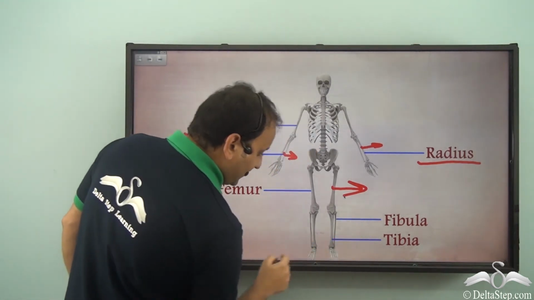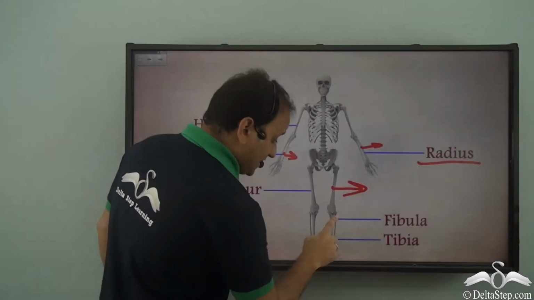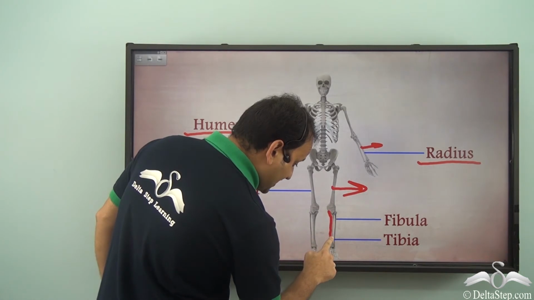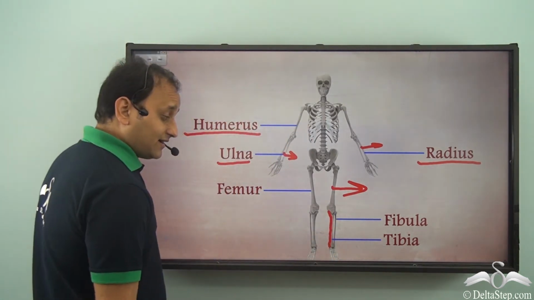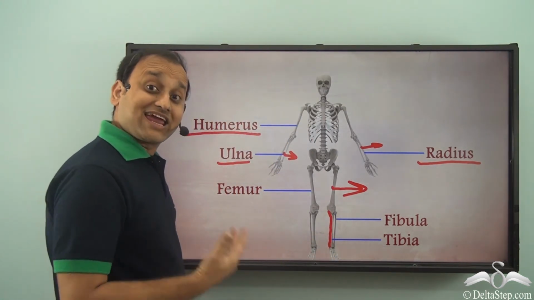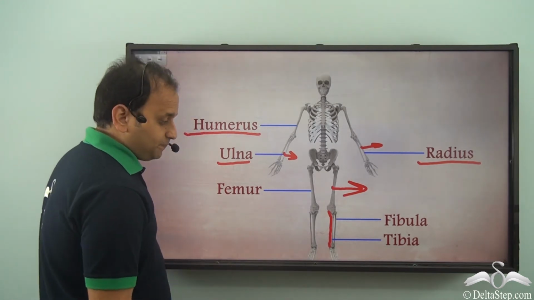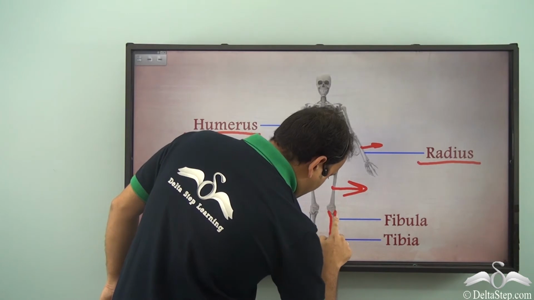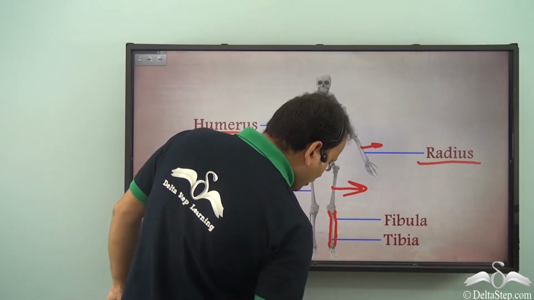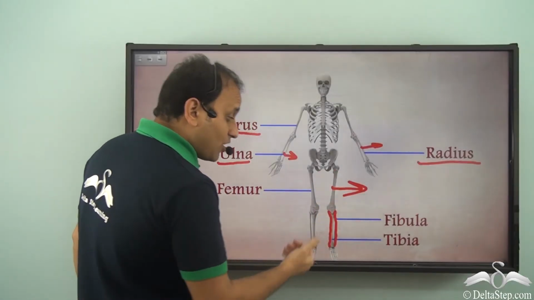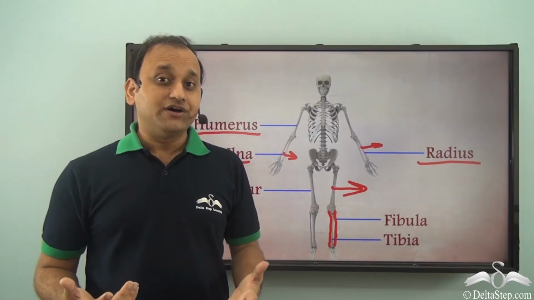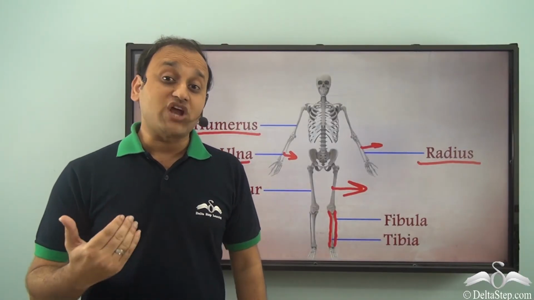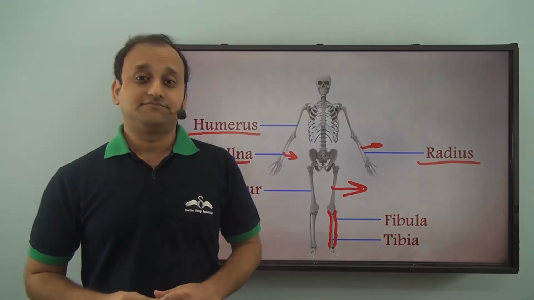And then comes tibia. Tibia is the inner side bone of the lower leg, and it is also the second largest bone in the body. And then comes fibula, which is the outer side bone of the lower leg, and it is smaller than tibia. And together they are 6 of the most important bones in our body.